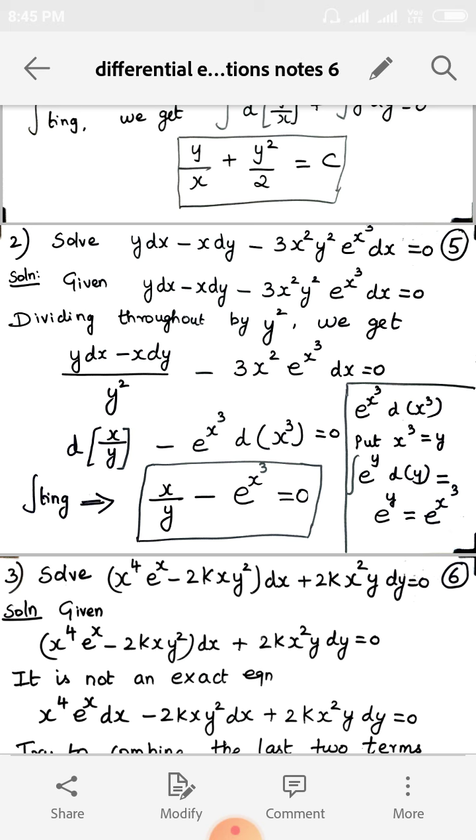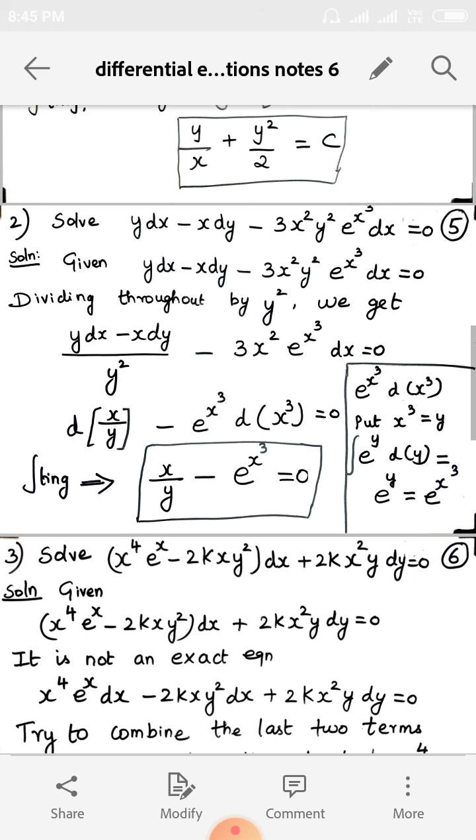Minus, first write e power x cube as it is and take 3x square into dx. 3x square into dx can be written as differentiation of x cube. Right girls? So 3x square into dx is differentiation of x cube, equal to 0.